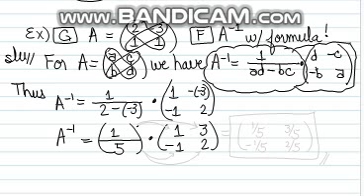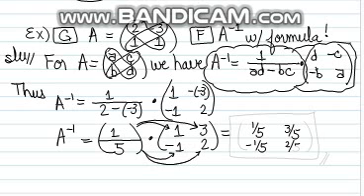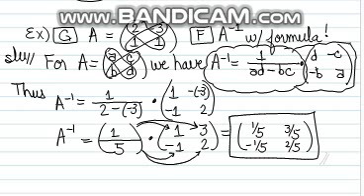And you know when you distribute this dude, you distribute him to every entry, not just the first or the second, all of them. So A inverse is equal to 1/5 down below negative 1/5, and then 3/5 down below 2/5. And that is our inverse function, our inverse matrix.